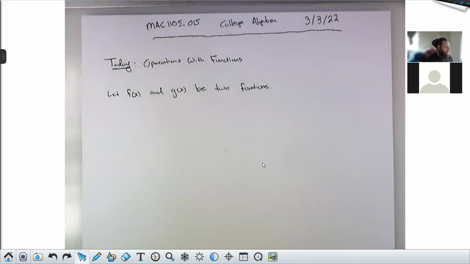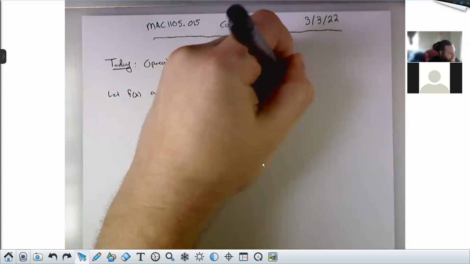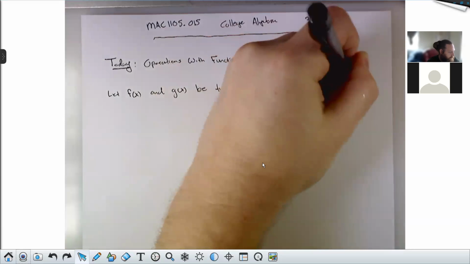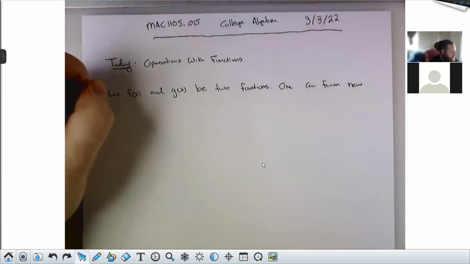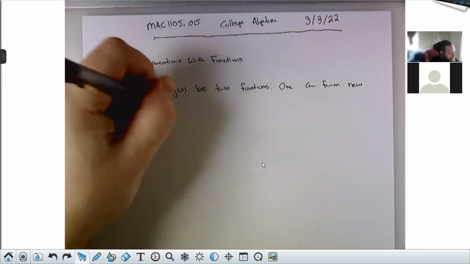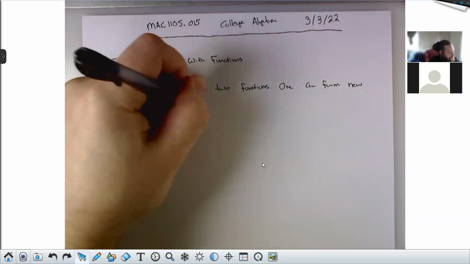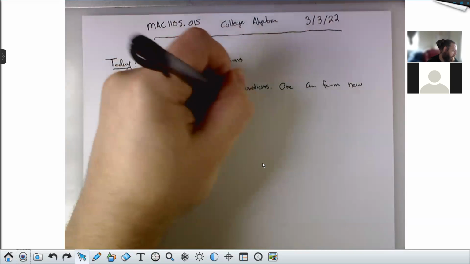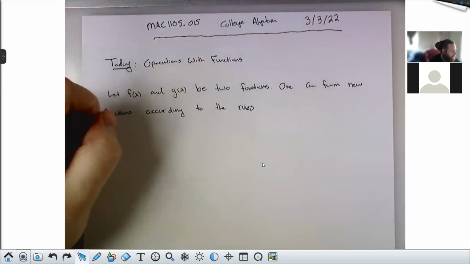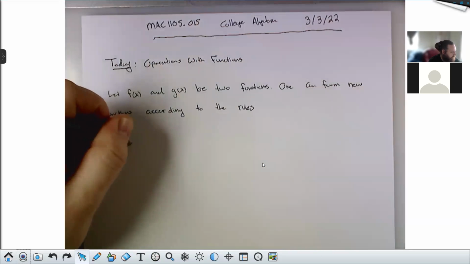But let's go ahead. So one can form new functions according to the rules. All right, and as you write this down, leave a little bit of space in the places I leave space. So what we're going to do is form a new function called f plus g.